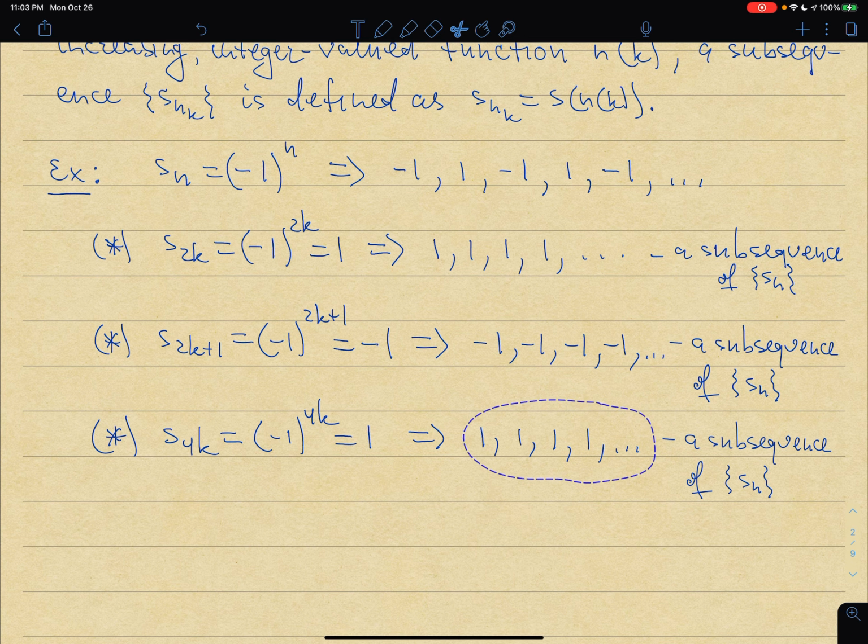The sequence of elements with an index 4k is only ones. S_8k will consist of ones. So there are infinitely many possible subsequences of minus 1 to the n that will consist only of ones.